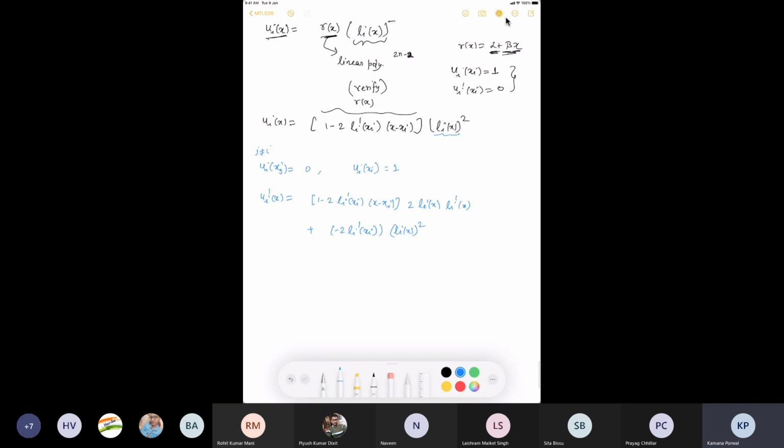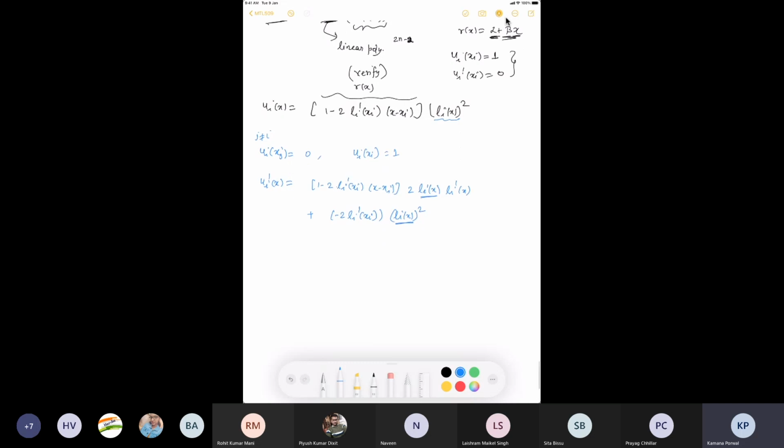So if you substitute any of the xj, j not equal to i, you can see that Li(x) is sitting as a factor in both the terms. So at any of the xj, it is going to be 0 when j is not equal to i. And when you take x equal to xi here, this factor will be 0 and Li(xi) is going to be 1. So you will get minus 2 Li prime (xi) from here, then plus 2 from here, and minus 2 Li prime (xi) from here. So this will be 0.